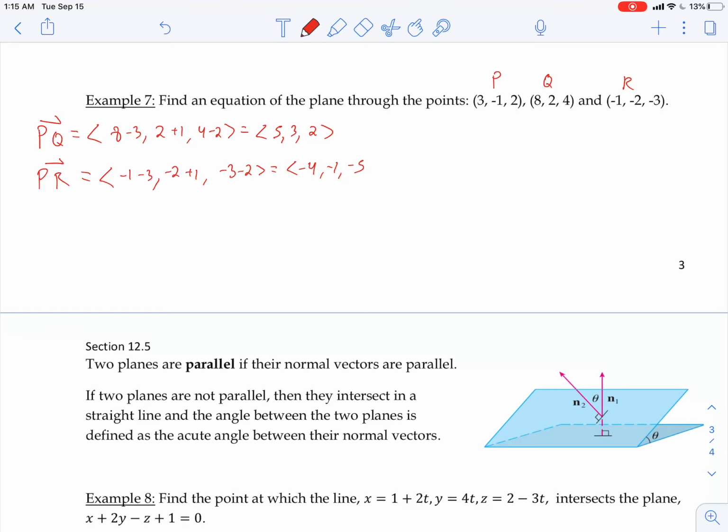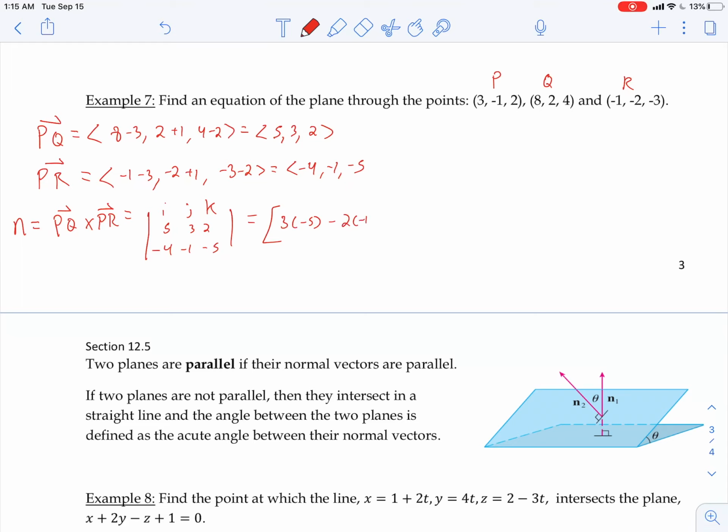All right, so now I have those two vectors. If I'm going to find the normal vector, it's going to be the cross product of these two vectors. And so I'm going to go ahead and label everything i, j, k, 5, 3, 2, -4, -1, -5. And now I'm just going to show the cross product.